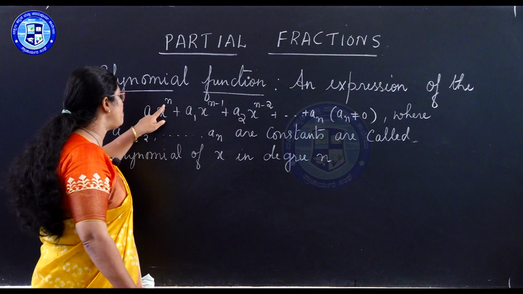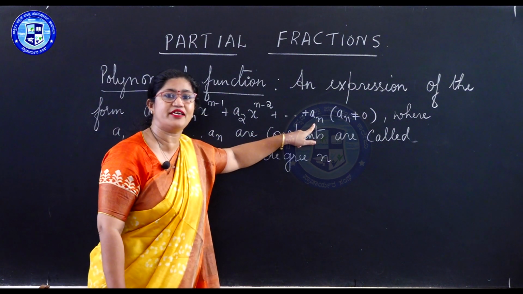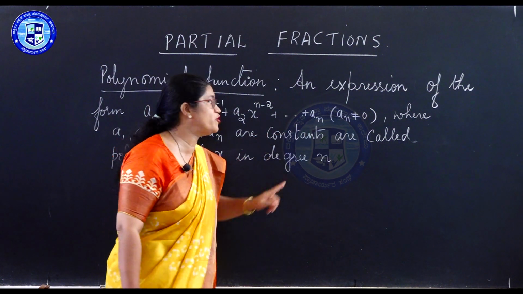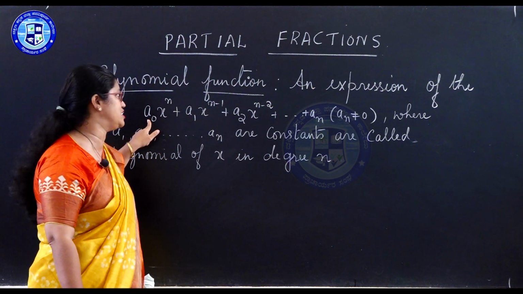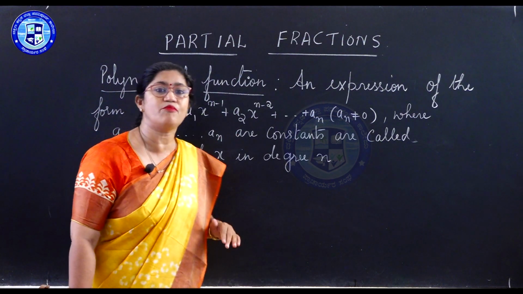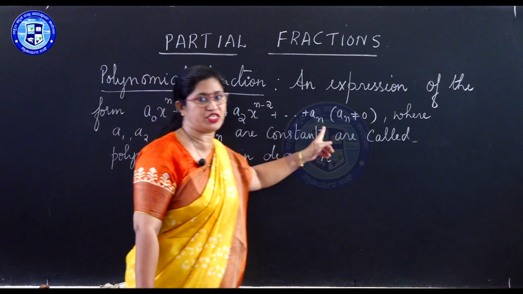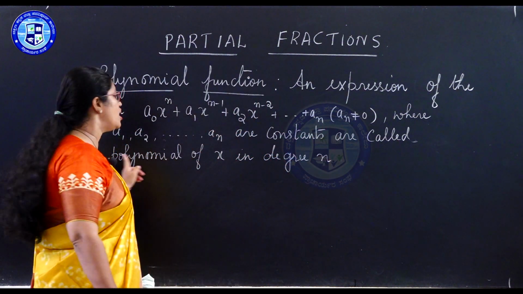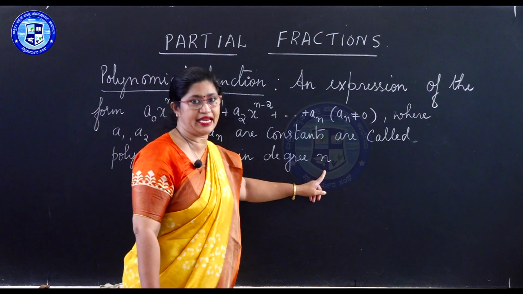Notice here the power of x keeps decreasing and at last you get a constant term. What is important here is that this first term should not be equal to 0. The rest, a1, a2, are constants, and some of them could be 0. Such an expression is called a polynomial of the variable x of degree n.